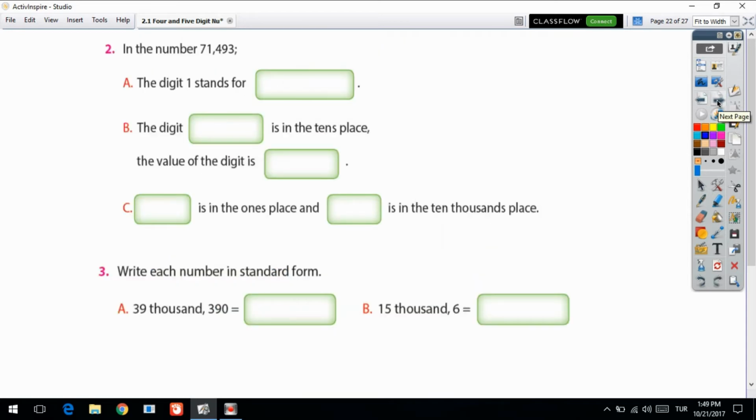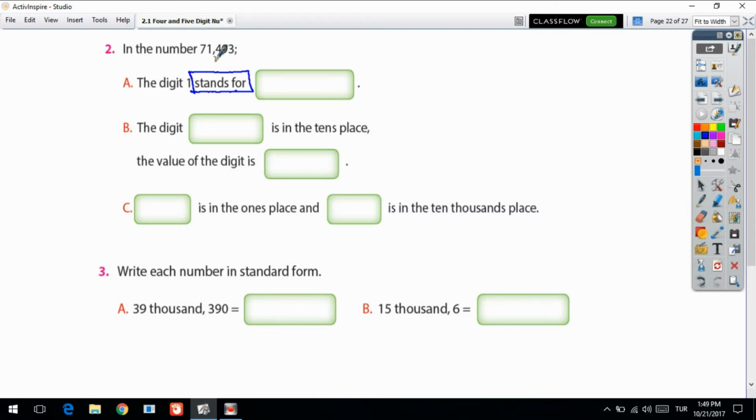In the number 71,493, the digit 1 stands for... There is an important word to solve the question: stands for. We have learned from the last lesson when I explained the topic: stands for, place value and value of the digit all have the same meaning. So stands for means we will find the place value.